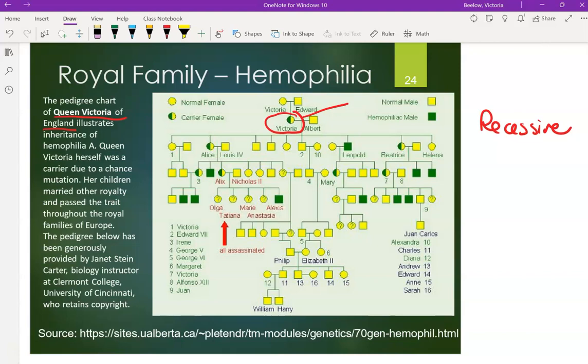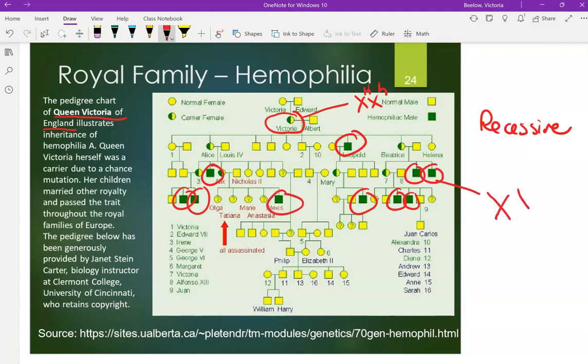Now, this is actually a sex-linked trait. And so you can see in the family here, everyone that is shaded that has hemophilia, they are all squares, which are male. So all of these guys have the recessive trait. So this is very similar to red-green color blindness.